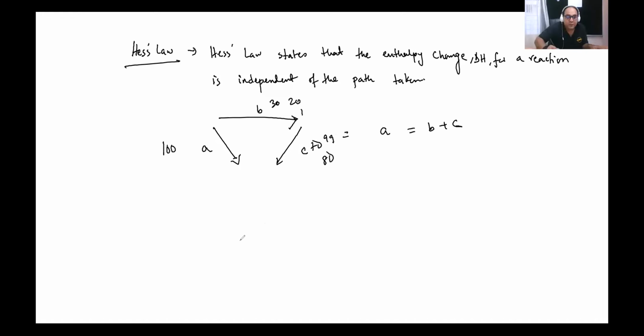Now A can be equal to B plus C plus D. So by the law of conservation of energy, the total enthalpy change of a reaction will remain the same irrespective of the route taken.